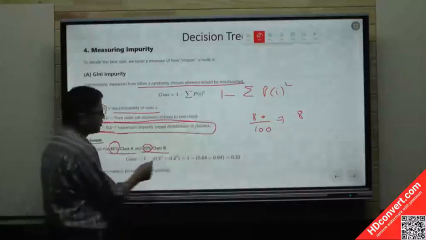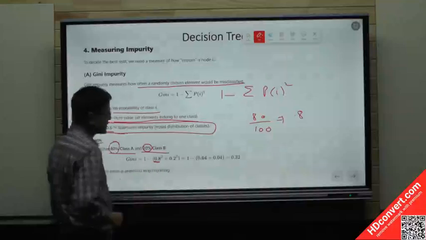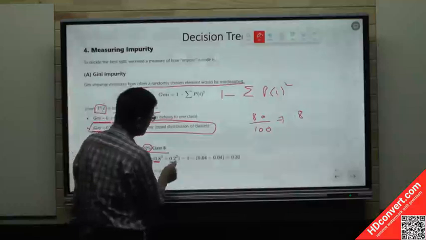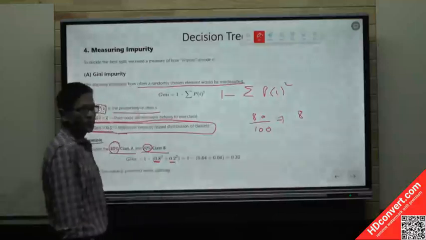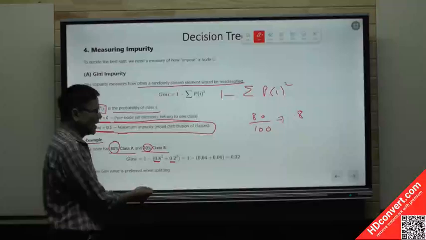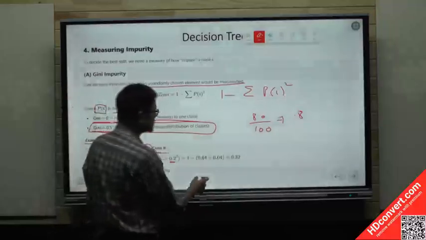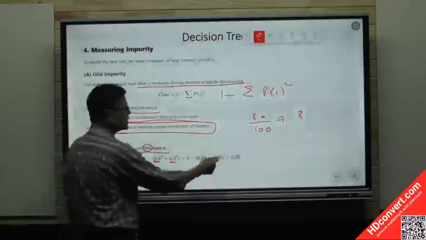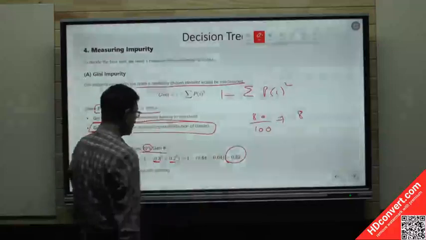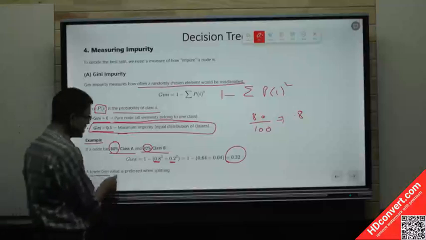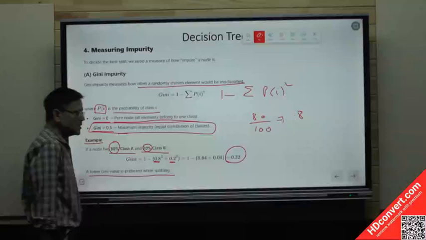That means 0.8 of the samples belong to class A and 0.2 belong to class B. Now you put them in squares, 0.64 plus 0.04, and you subtract that from 1, the value comes to 0.32. The lower Gini value is preferred when splitting.